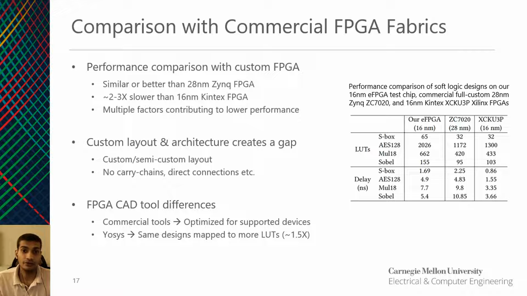This difference is primarily due to the highly optimized custom layouts used in commercial FPGAs. Other factors contributing to increased delay include lack of architectural features such as carry chains, direct connections, and some inefficiencies associated with using open source toolflow.